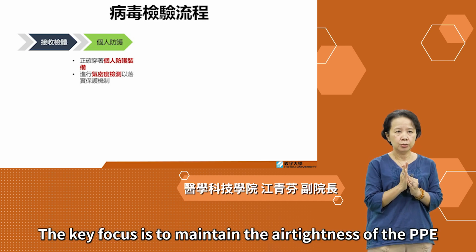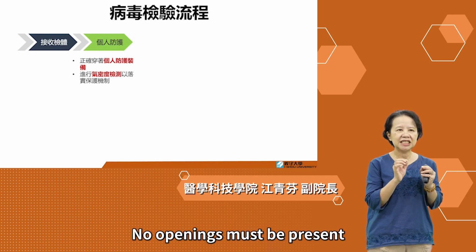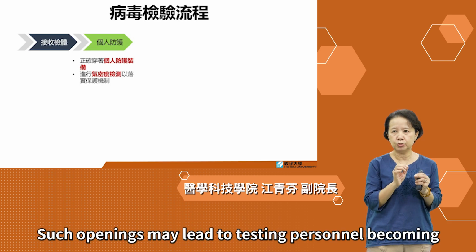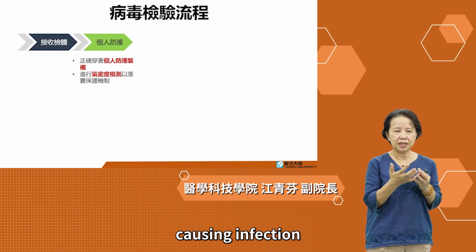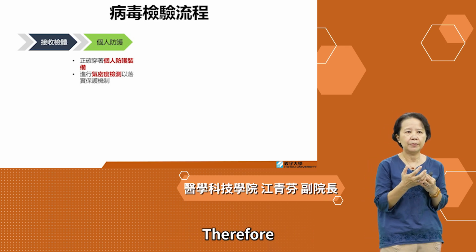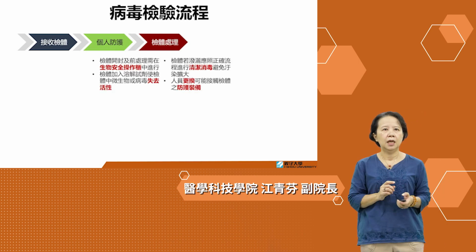The key focus is to maintain the airtightness of the PPE. No opening must be present. Such openings may lead to testing personnel becoming exposed to the viruses, causing infection. Therefore, personal protection is essential.